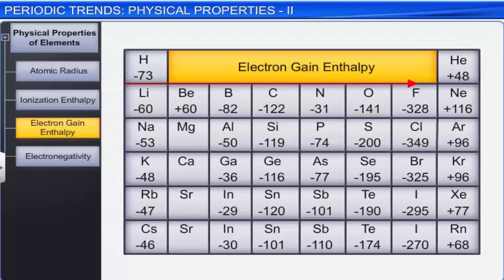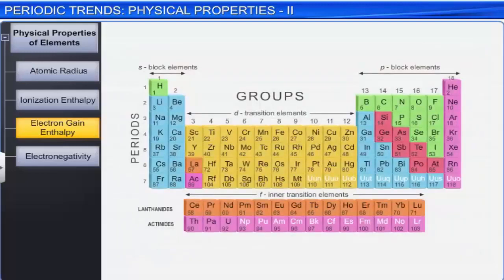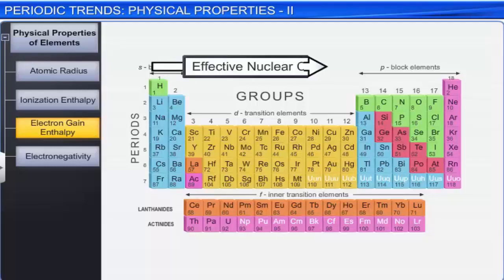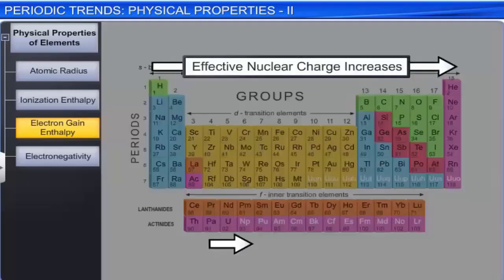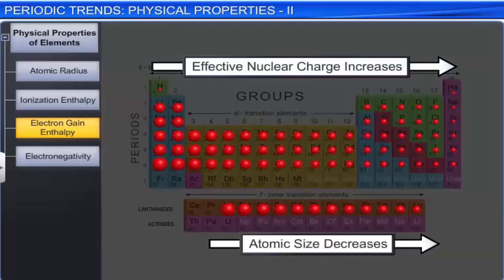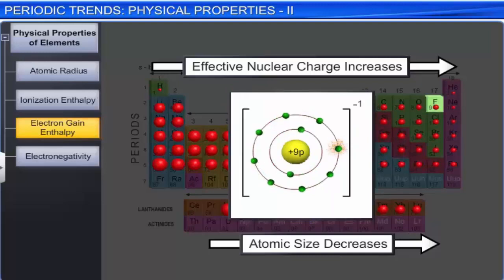This is because, as we move from left to right across the period, the effective nuclear charge increases and the atomic size decreases. The addition of a new electron would be easier for a smaller atom because the added electron would be closer to the positively charged nucleus.